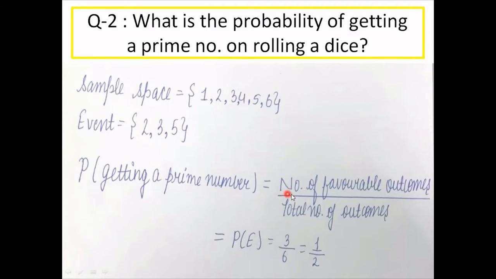Now the formula is number of favorable outcomes by total number of outcomes. So probability of event, which we can denote as E, is 3 by 6, which is equal to 1 by 2.